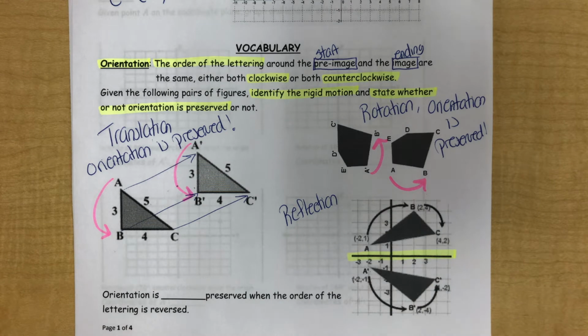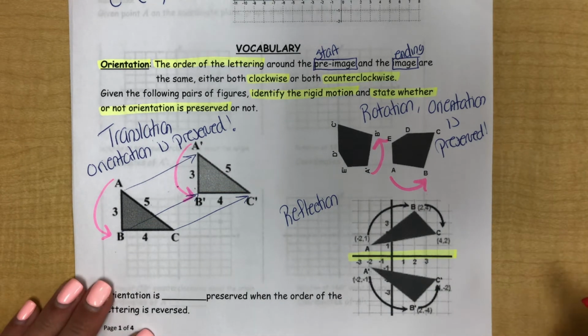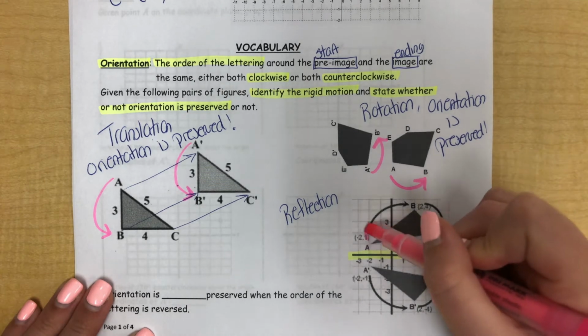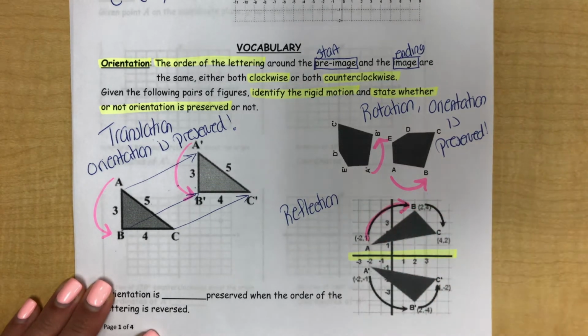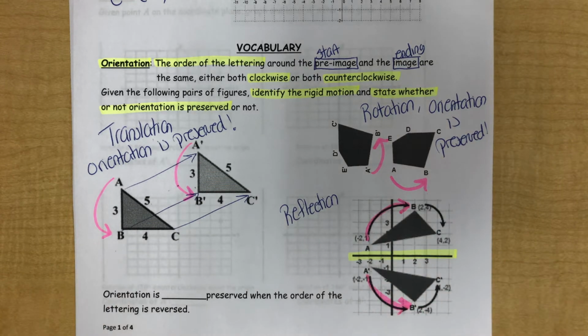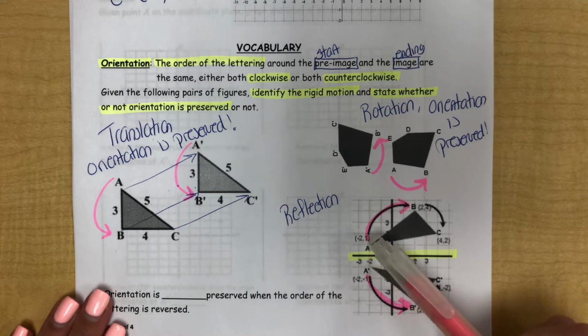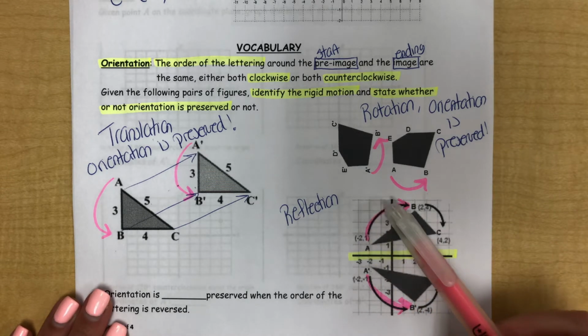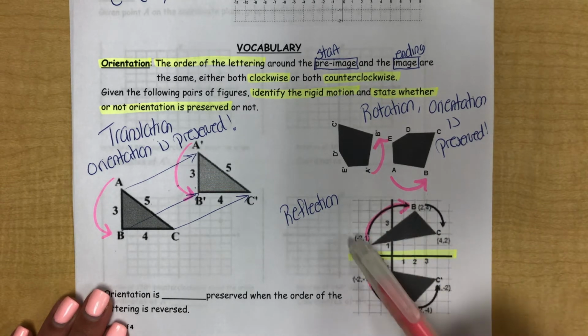And if I have to look at the orientation, it's nice because they already drew the arrows in here for us. So I'm moving from A to B, A prime to B prime. Now, if I look at the pre-image, I can see this is clockwise. I'm moving in the order of a clock, all right?